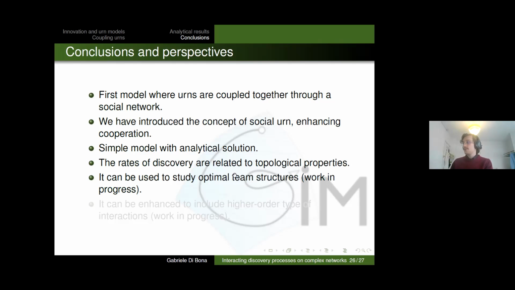For example, what we are already doing, we can study optimal team structures, or we can include higher order interactions, like simplicial complexes and other more fancy stuff.